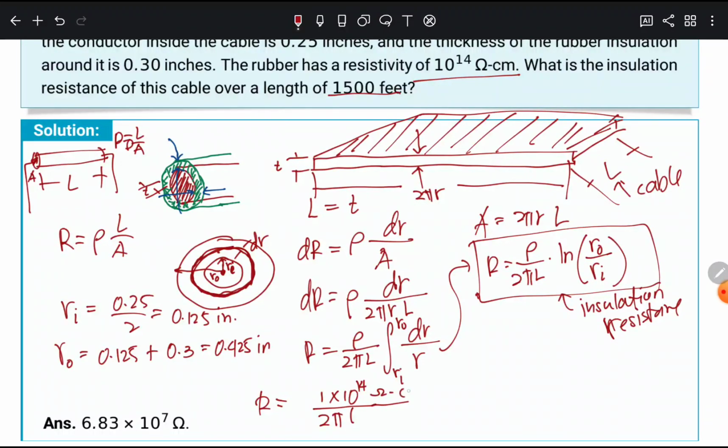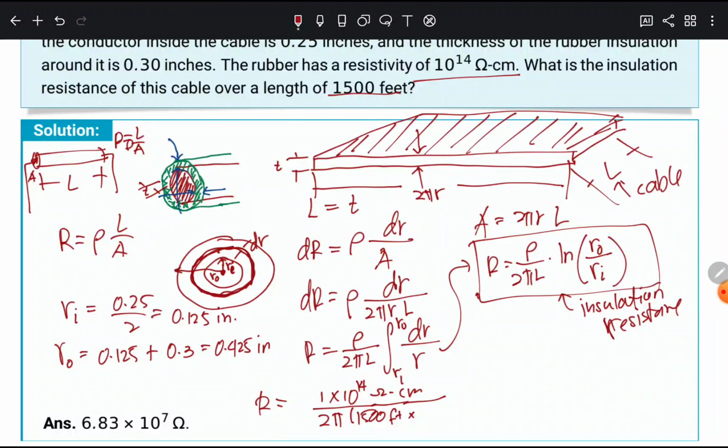So we need to convert that feet into centimeters so that we can cancel out the centimeter in the numerator. Unlike the radius, we can retain that because we'll be dividing ro and ri, so that unit will also cancel out. But in this case, in 2 pi L, that length will be dividing rho. So we need to convert that 1,500 feet into centimeters.